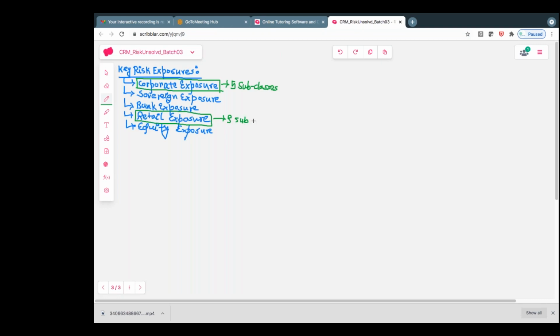So these are the two things that we need to understand in detail. We just need to detail them out a little, right? Okay. So on one hand, what I have is the retail exposure. On the other hand, what I have is the corporate exposure. Within the corporate exposure, I have five subclasses. With the retail exposure, I have three subclasses. Right.